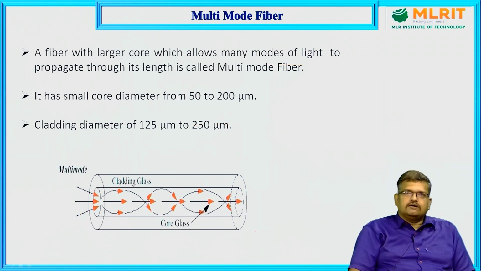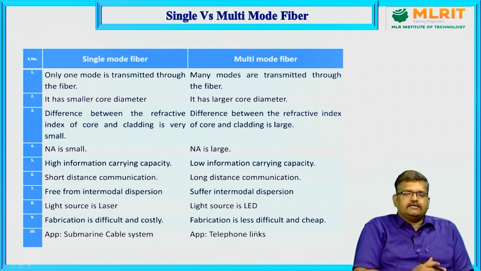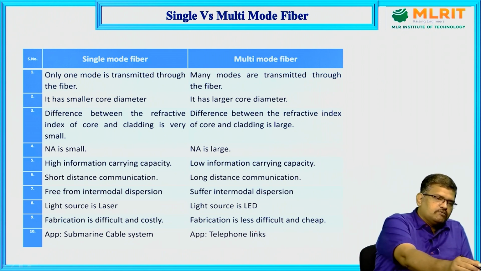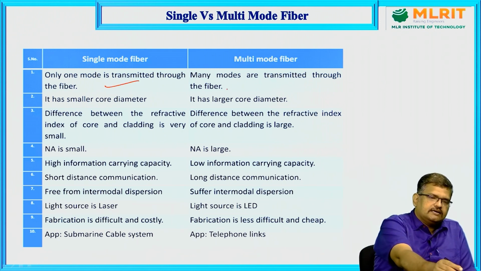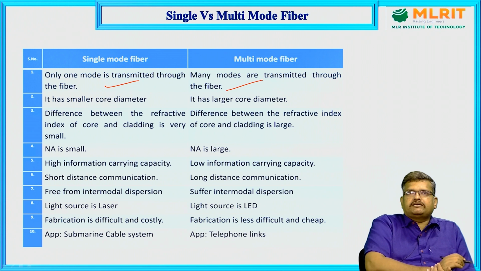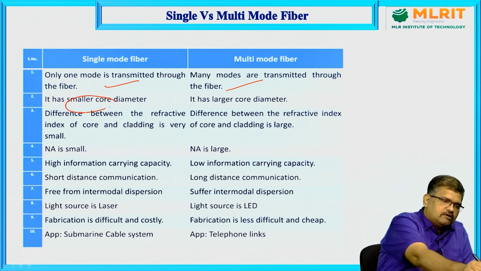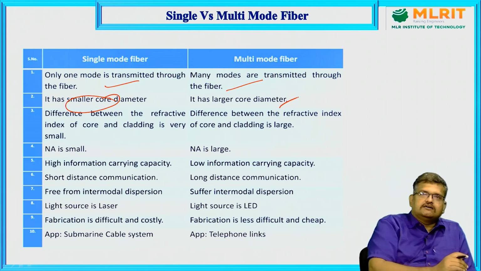Fine. Now let us see the difference between single mode fibers and multi-mode fibers. As I said earlier, only one mode of signal is transmitted in single mode, while multiple modes are transmitted in multi-mode. Also, single mode has a small core diameter, and multi-mode has a larger core diameter.